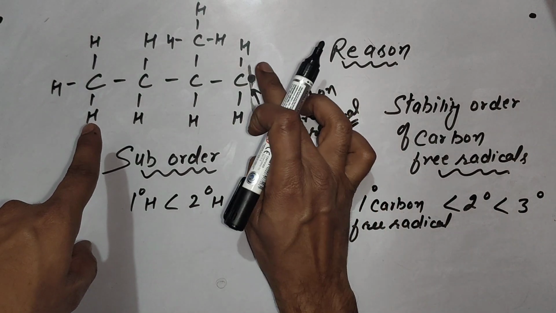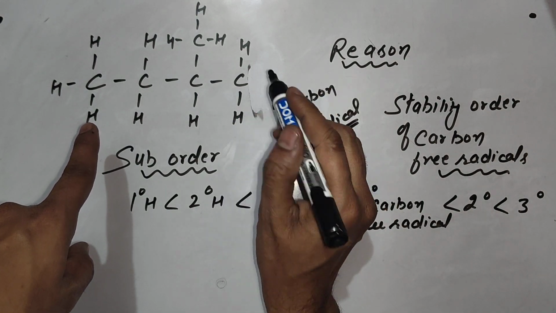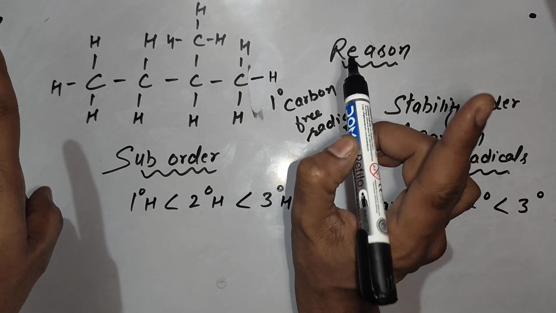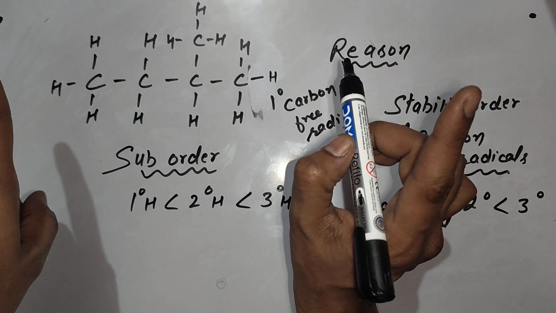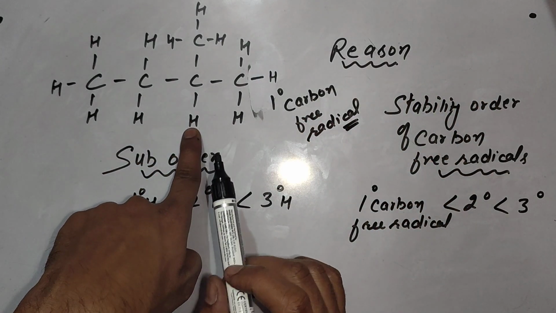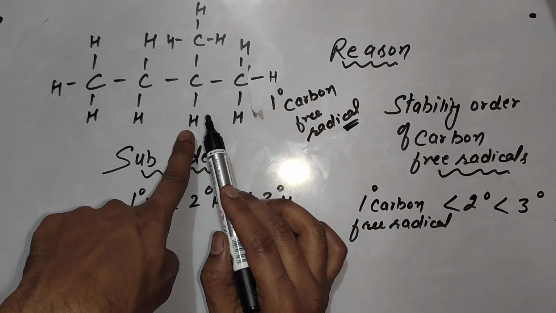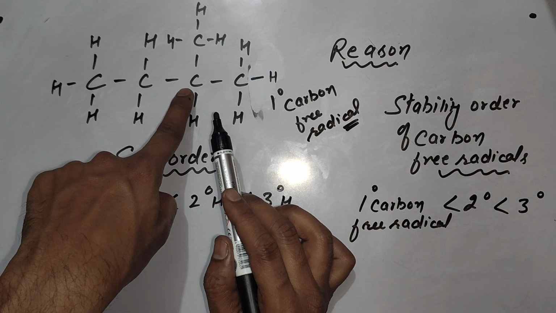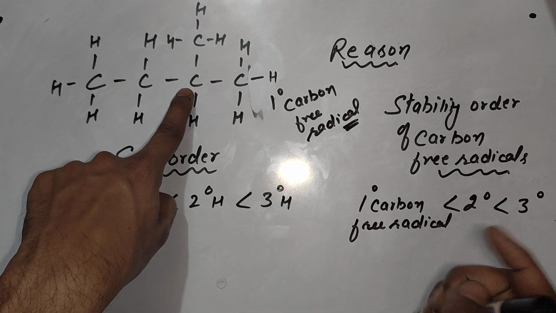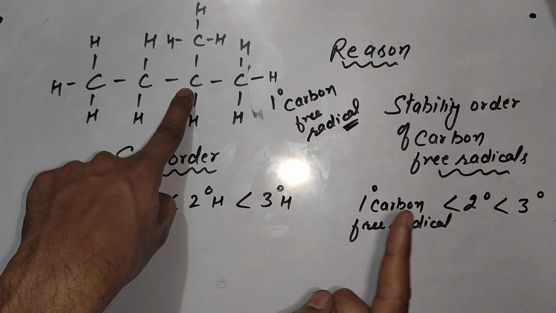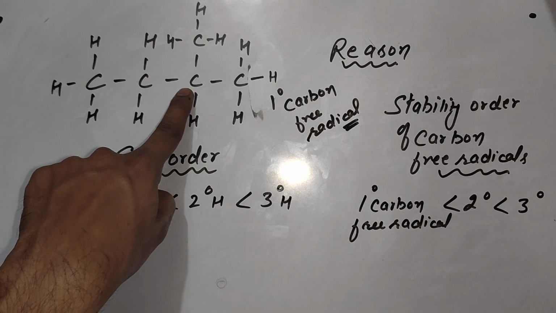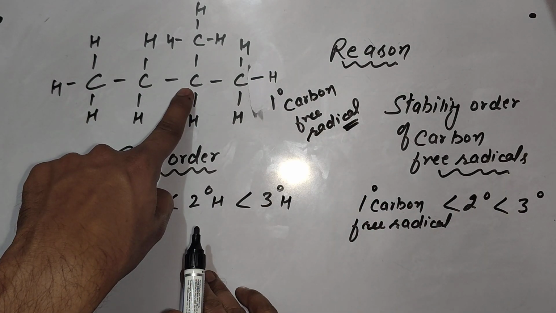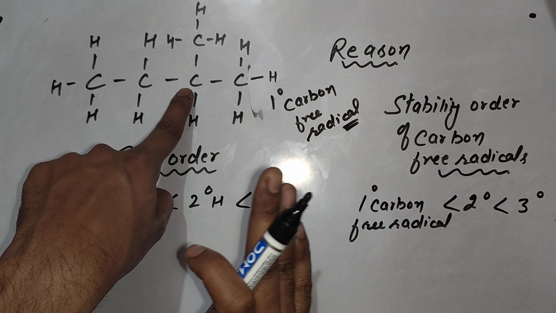This means if we are going to show a substitution reaction, where we replace hydrogen by halogen, which hydrogen will be preferred by the reaction? This one. Because during substitution of this hydrogen by X, a 3 degree carbon free radical will be generated during the reaction. And the 3 degree carbon free radical is the most stable carbon free radical among all. And we know reactions always prefer stable paths. They don't prefer less stable paths.